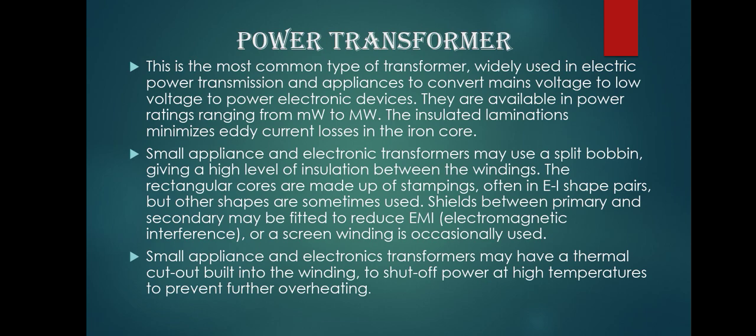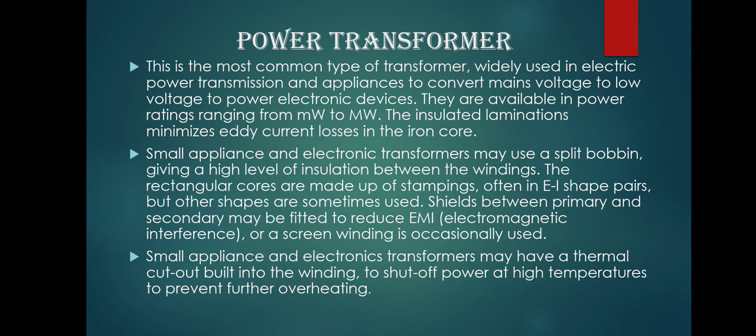Small appliances and electronic transformers may use a split bobbin, giving a high level of insulation between the windings. The rectangular cores are made up of stampings, often in EI shape pairs, but other shapes are sometimes used.